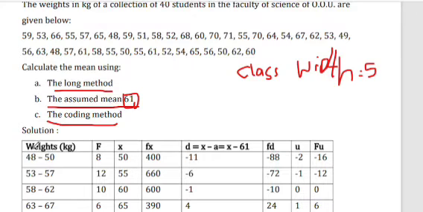You count 48, 49, 50. Oh, of 3. So the class width is 3 rather, not 5.